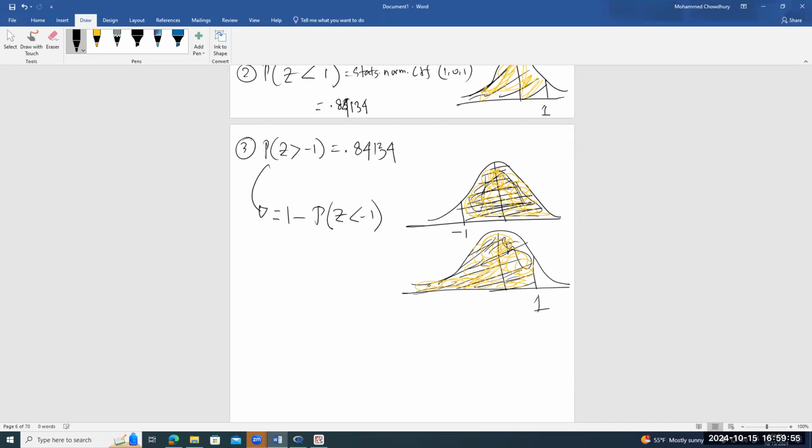So now if you ask me to find z greater than 1, the figure for z greater than 1 is this. Okay?